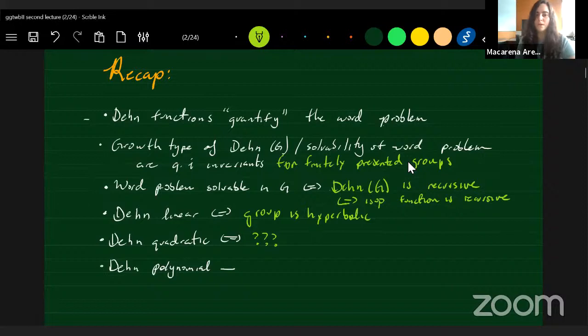And we finished by commenting on nilpotent groups, which are a big class of examples of groups that have polynomial Dehn functions. In general, nilpotent groups have Dehn functions that are bounded above by a polynomial whose degree is at most one more than the class of the nilpotent group.